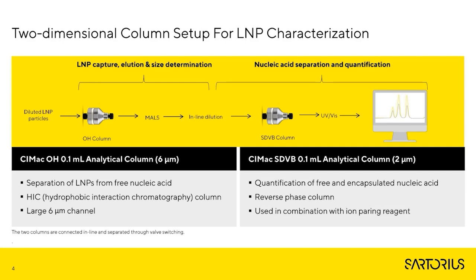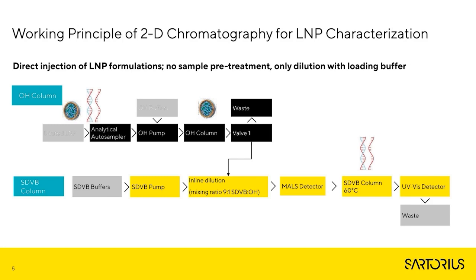The larger the RNA is, the more of the ion pairing reagent it's going to have on there, the stronger it's going to bind. So you're separating by size, but additionally, you're also separating by hydrophobicity. And then you can separate away some other species that might be important in characterization.